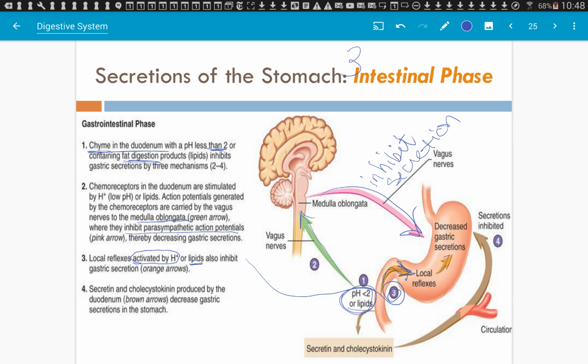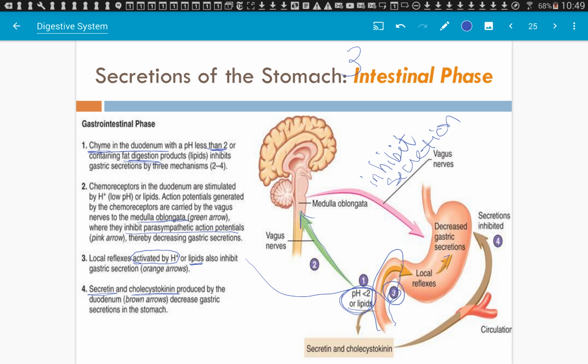And then the last step, number 4, we have 2 new secretions we haven't talked about yet. One is secretin, and the other is cholecystokinin. Okay, these are 2 secretions made by the duodenum. Duodenum, again, is the first part of the small intestine.